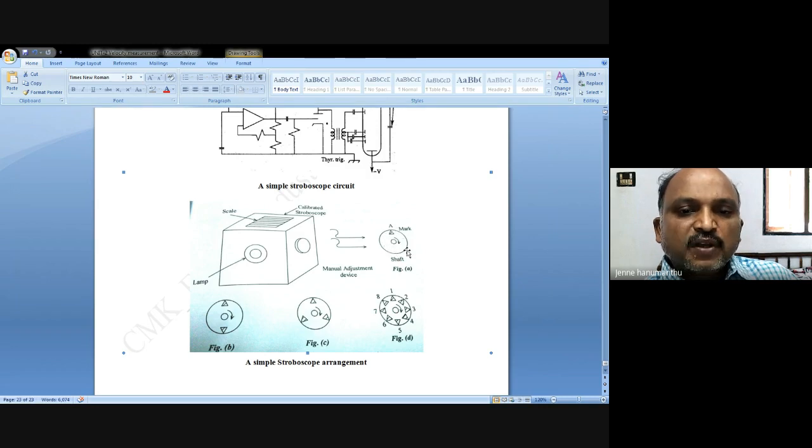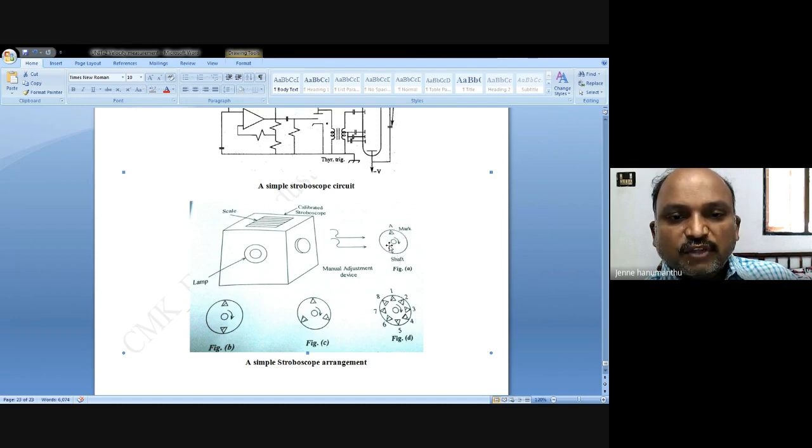So what is A? A refers to the marking on the shaft. It is a rotating member, a rotating body. This rotating body may be anything, but you should provide some marking on it. Before you measure any angular displacement of an unknown body, we should provide some marking.